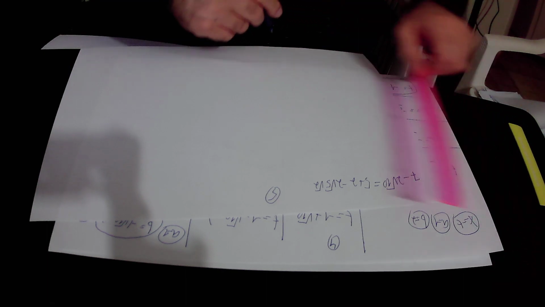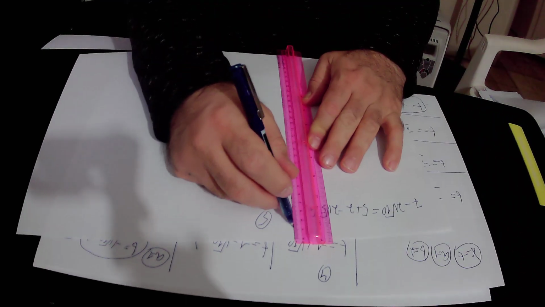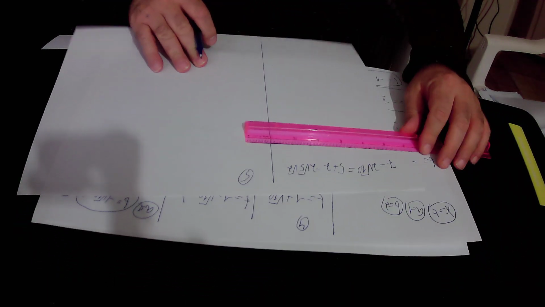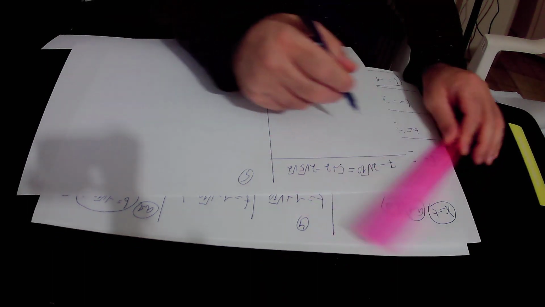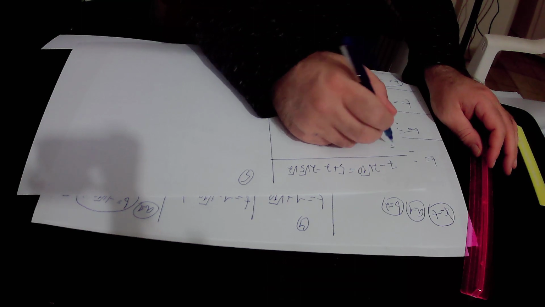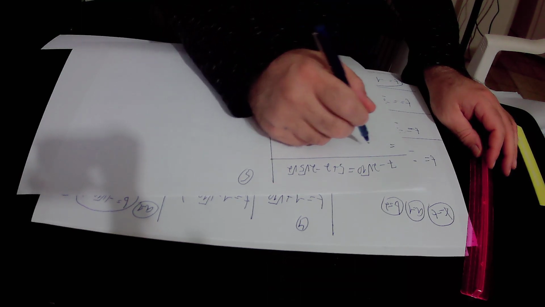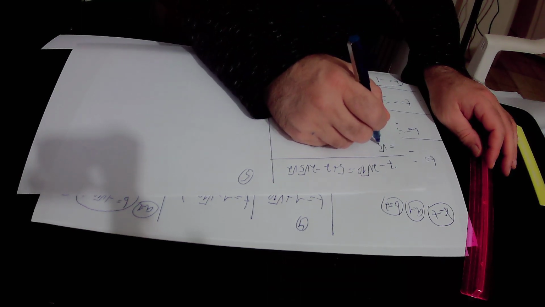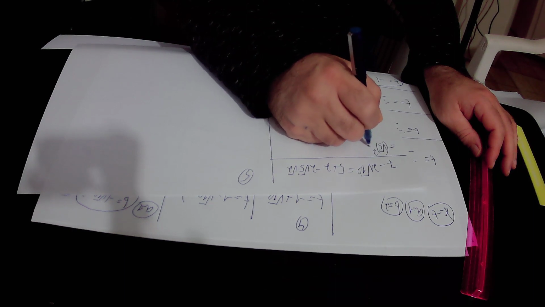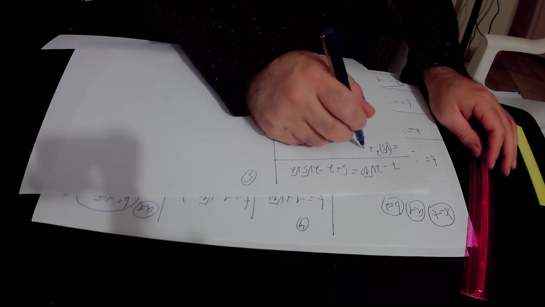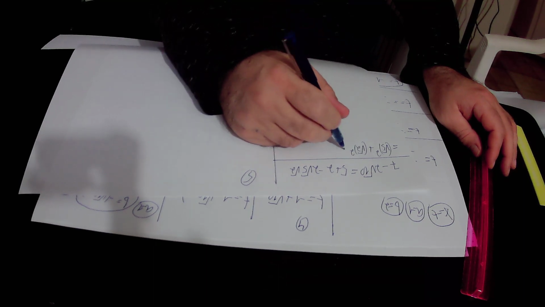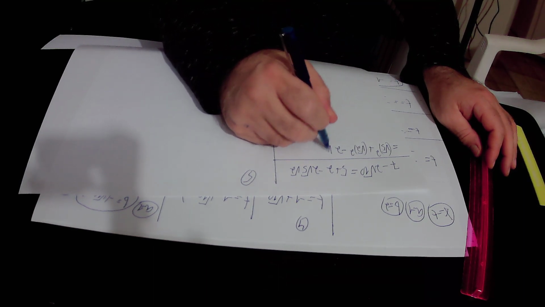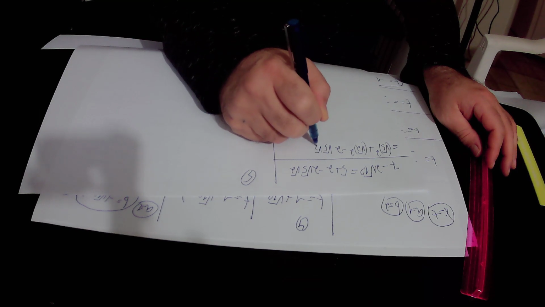So we also know that 5 is actually the square root of 5 squared, and 2 is the square root of 2 squared, minus 2 times the square root of 5 times the square root of 2.